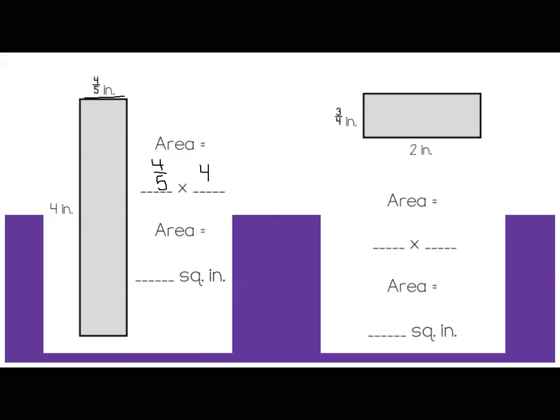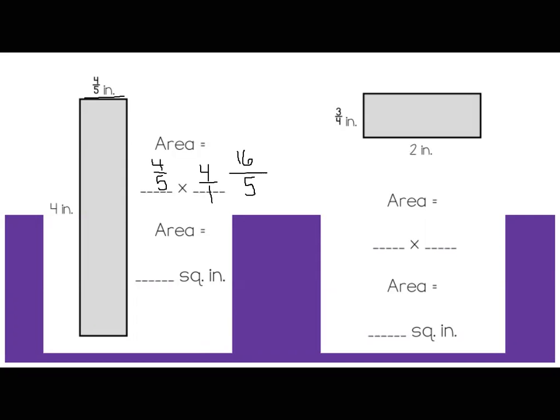But I see I don't have a denominator because we're multiplying by a whole number. So I'm going to put this over 1, so that I'm not changing the value of the number, but now I am less likely to make a careless mistake because I now have 2 numerators and 2 denominators. So 4 times 4 equals 16, and 5 times 1 equals 5.